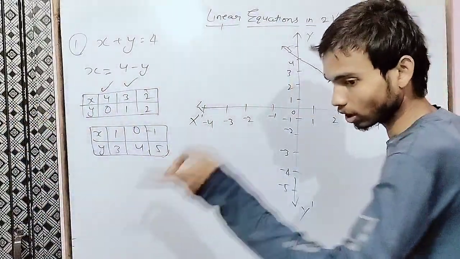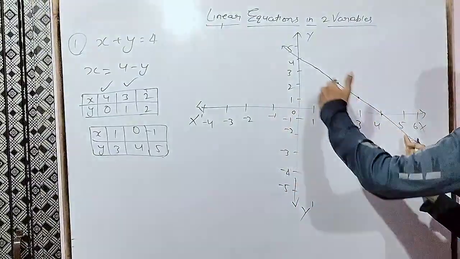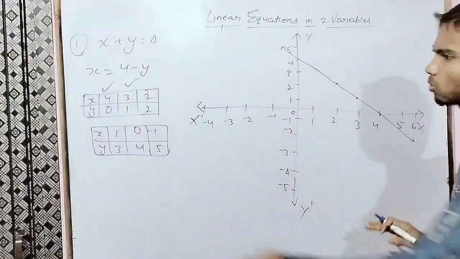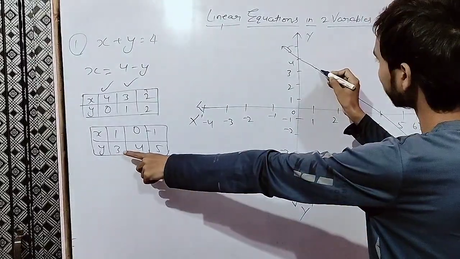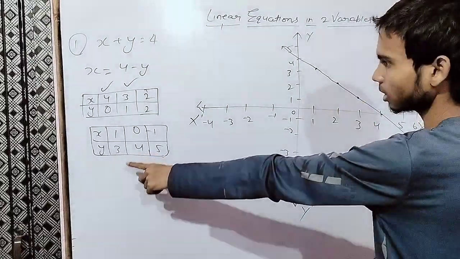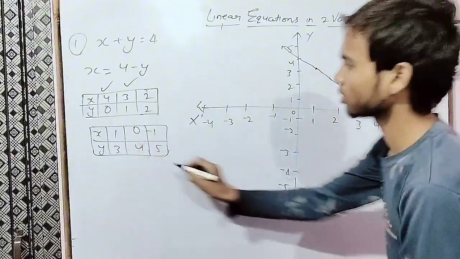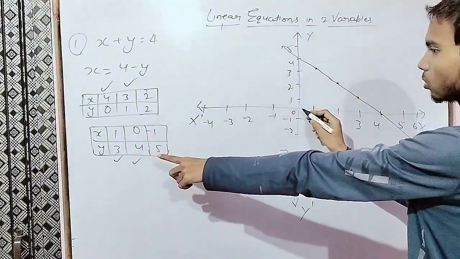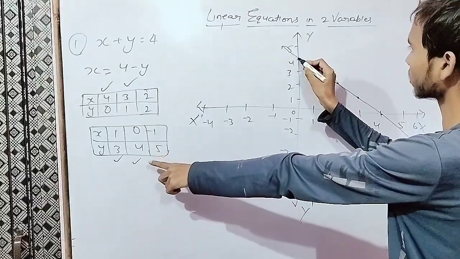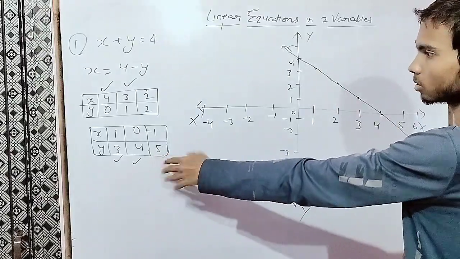Now you will see again, this will go like that. For example, y is 3 and x is here. When x is 0, y is 4, so this comes here.